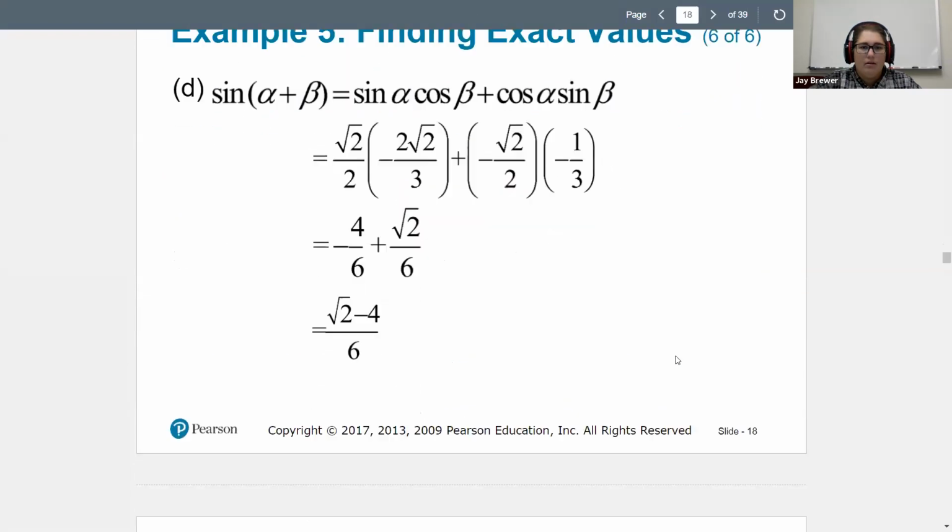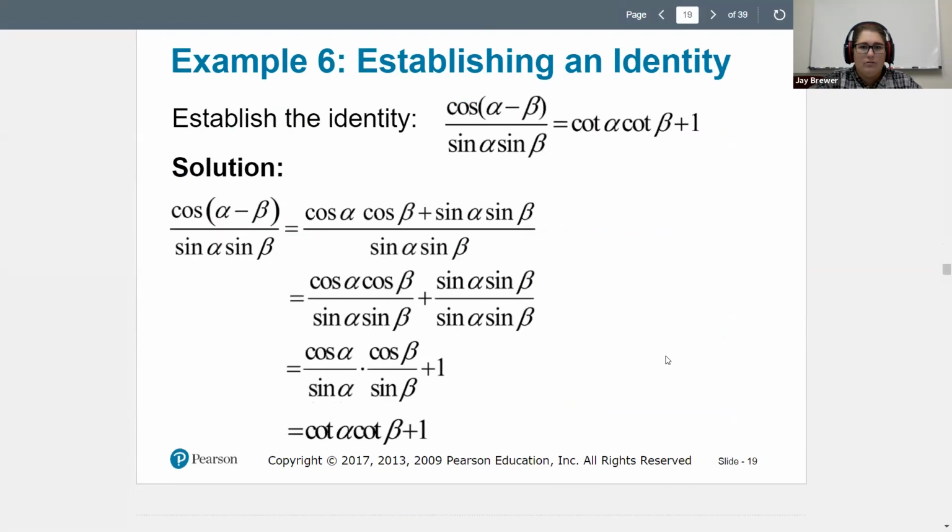All right? So, okay, so let's look at example 6. The first step that you do there is you have to split the fraction. Once you split the fraction, you can see that you do end up having a +1, and then you can very easily find your cotangent alpha and your cotangent for beta.